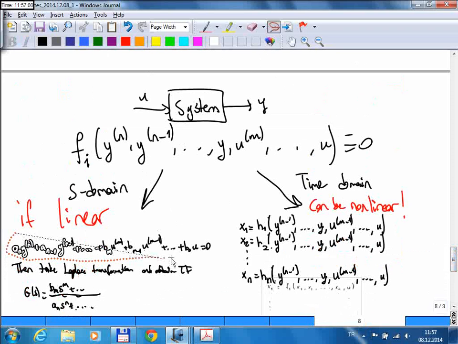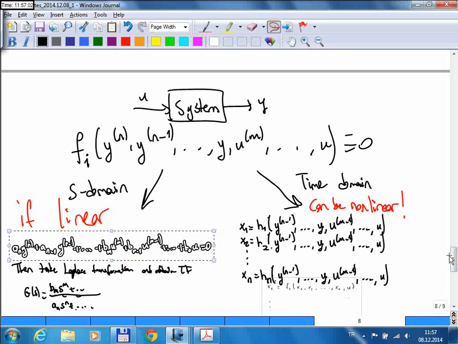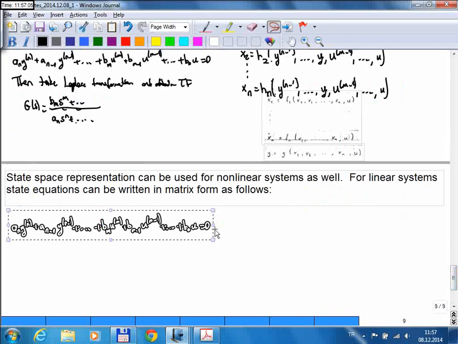If the system is linear, then the original equation should be in this form.